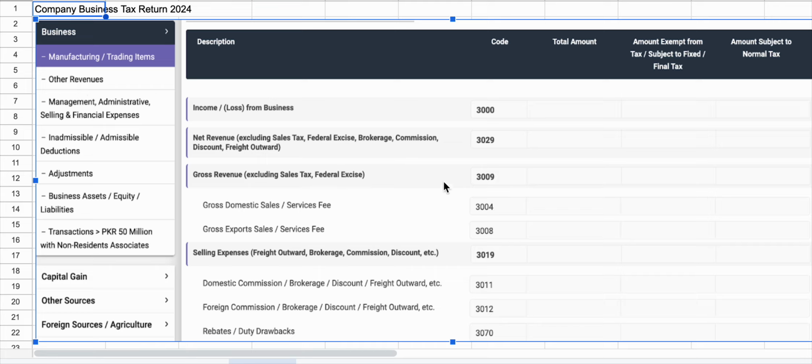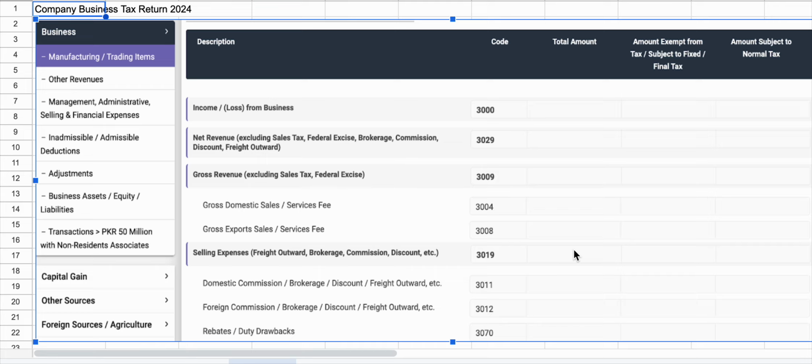So we'll start, and the basic structure is that these are the codes and these are different heads and subheads where you have to fill the data. Some heads like income and loss from business, net revenue, gross revenue, and all these that are highlighted, are filled by IRIS itself, meaning the IRIS software on the FBR portal where you are filling this tax return.